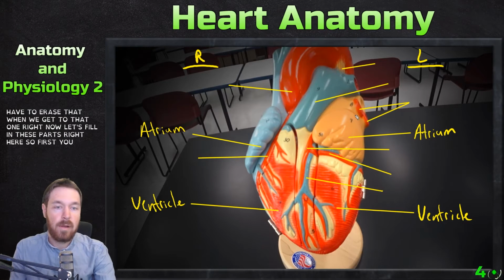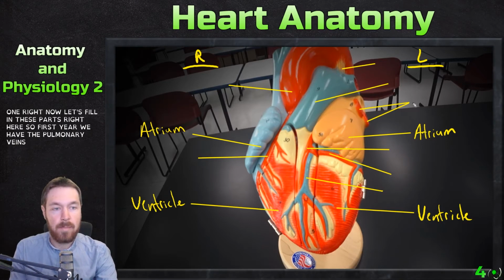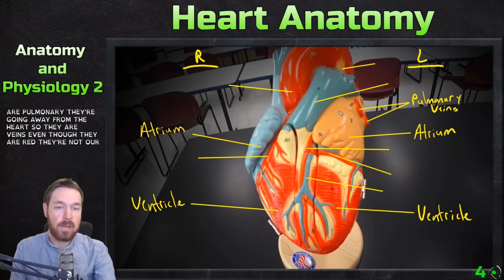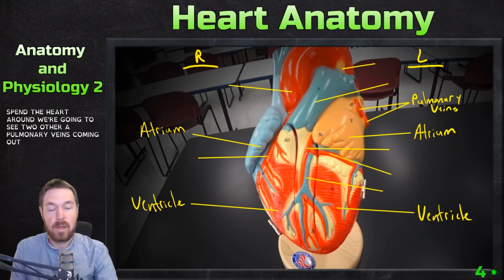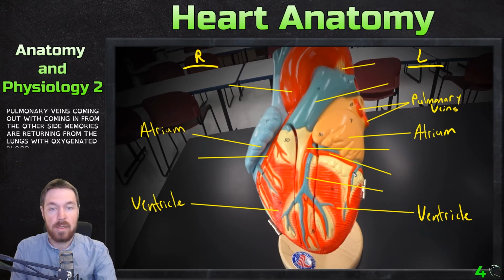So first here, we have the pulmonary veins. Remember, these are pulmonary veins. They're going toward the heart, so they are veins, even though they are red, they're not arteries. Now, when we spin the heart around, we're going to see two other pulmonary veins coming in from the other side. Remember, these are returning from the lungs with oxygenated blood.